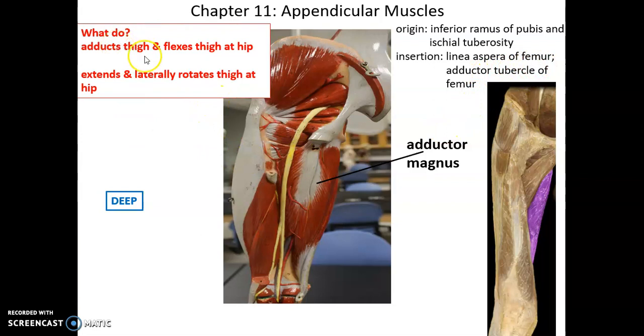What does it do? It adducts the thigh and can also flex the thigh at the hip joint, and it also can extend the thigh and laterally rotate the thigh at the hip joint. So flex and extend, because again, it is a very large muscle, so only part of it needs to contract to lead to the flexion or the extension.